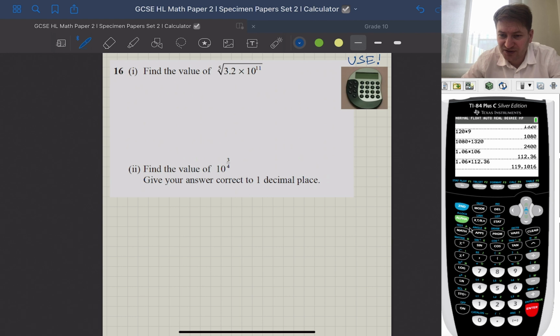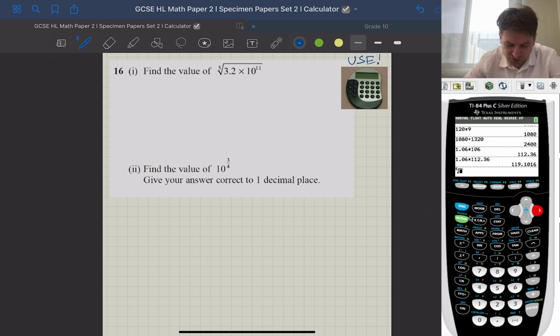First, we press the button called math, and then I can see number 5 is what you want. That would display that value. I'm going to put 5 in here and use the cursors to move. I'm going to put 3.2, then times 10. And how do I put that power of 11? First, I'm going to press that button, x to the power of 2.